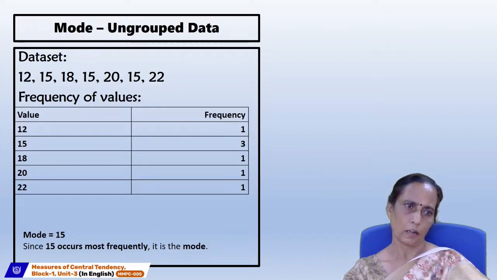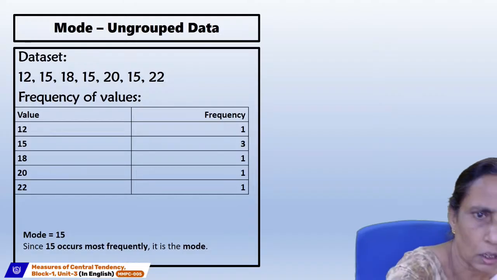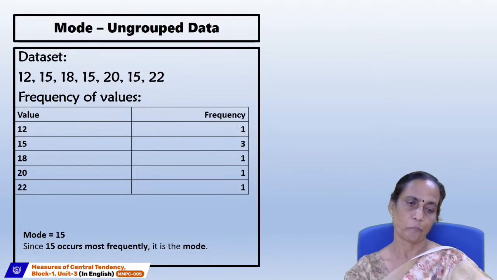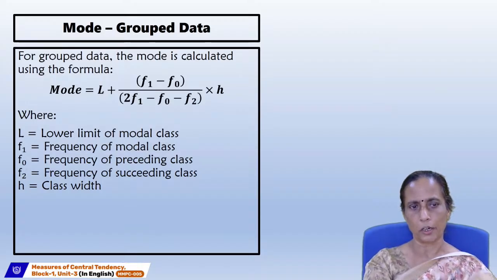Suppose the values are 12, 15, 18, 20 and 22, and 15 is occurring most times in your series, so it is your mode. 15 occurs most frequently.